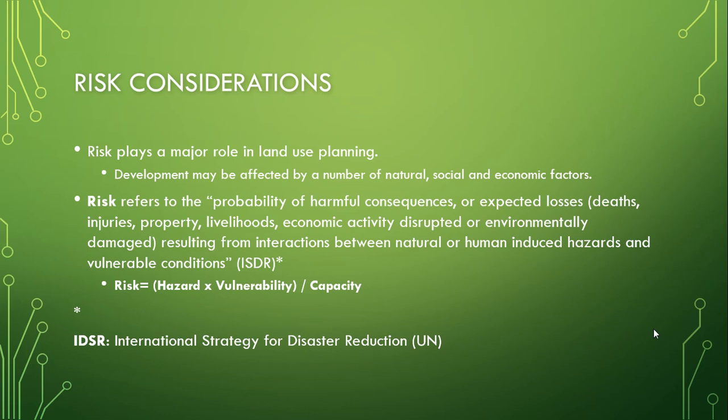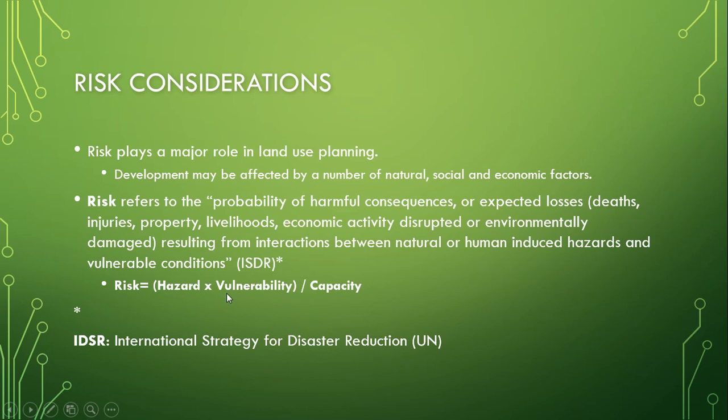Now, if you recall, when you did ENVS 215 disaster management, you would have learned the term risk before. And for some of you, this simple formula here may be familiar.